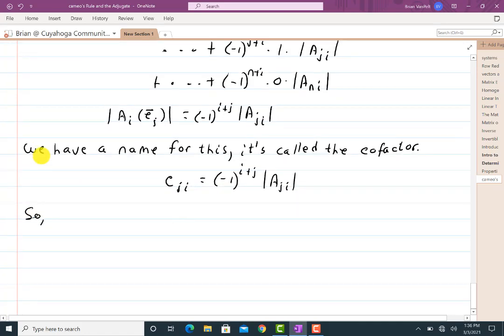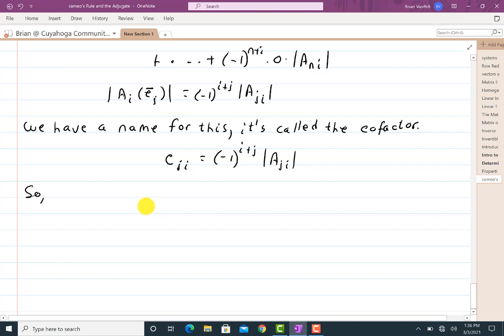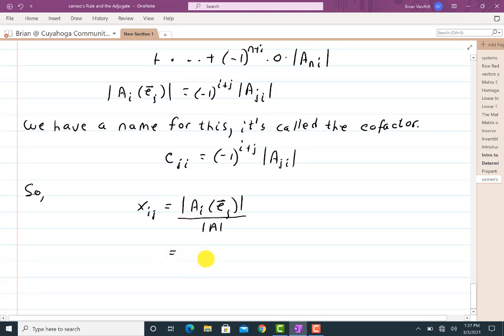So let's put some things together here. I have x sub ij from Cramer's rule. This is ei, or a sub I ej. A lot of subscripts to keep track of. Of course, this is the same as 1 over the determinant of A times Cji.